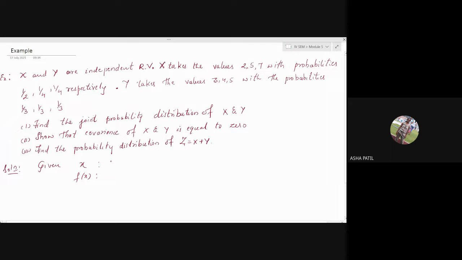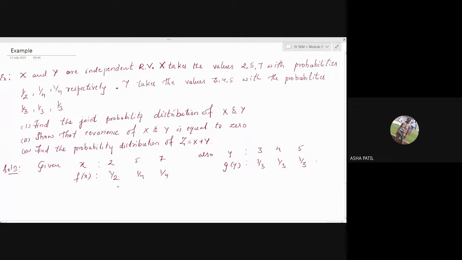X values are 2, 5, 7, with corresponding probabilities 1 by 2, 1 by 4, 1 by 4. Also, y and g of y are given. Y values are 3, 4, 5, with corresponding probabilities 1 by 3, 1 by 3, 1 by 3. So with this, find the joint probability distribution of x and y.